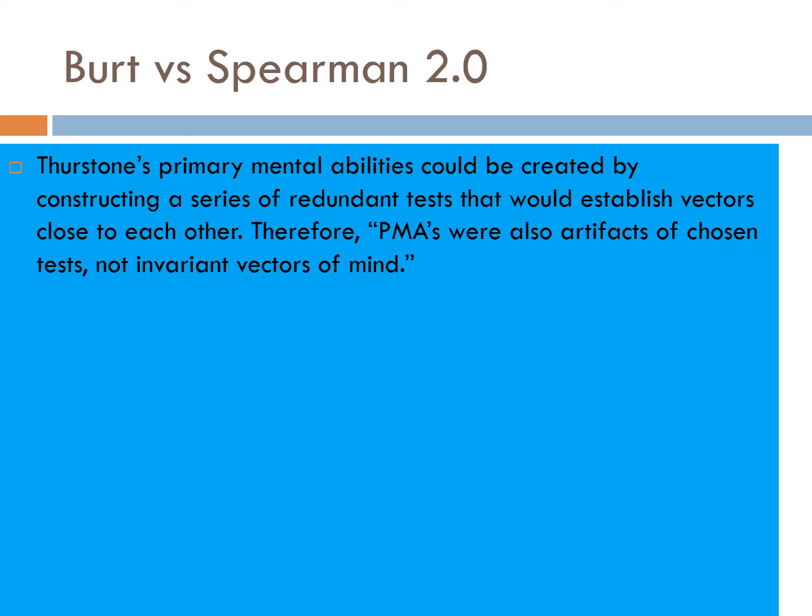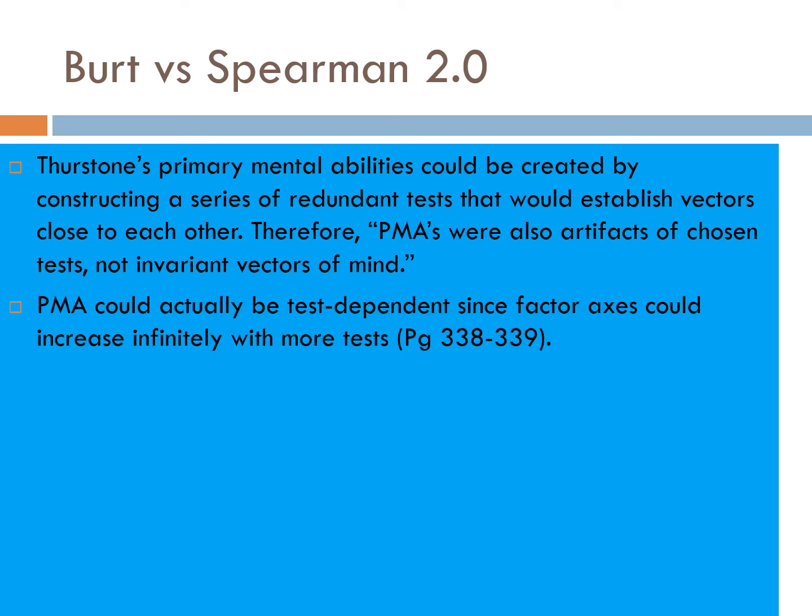Really, there's no difference between what Spearman's doing, what Burt's doing, what Thurstone's doing, what Terman's doing. They're essentially creating tests and measuring intelligence, and those measures vary widely based on how they construct the tests.